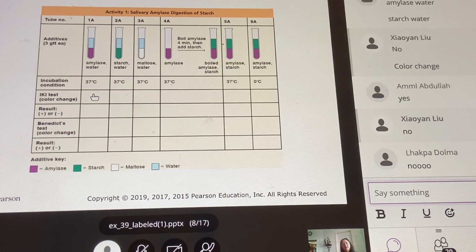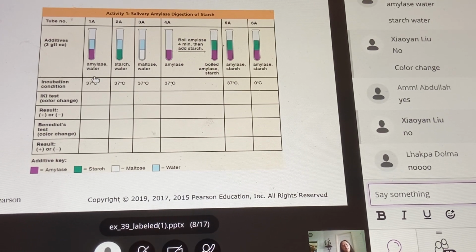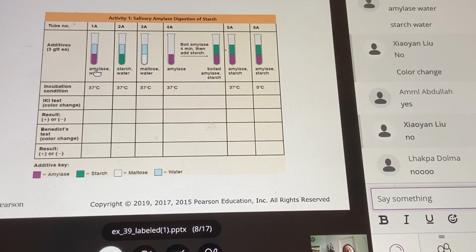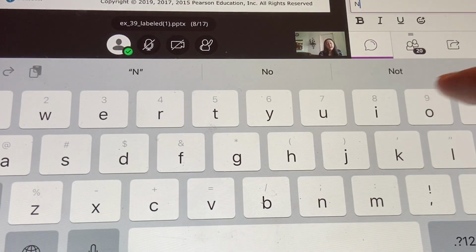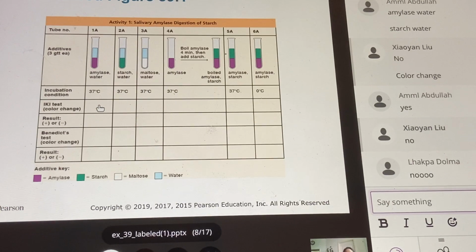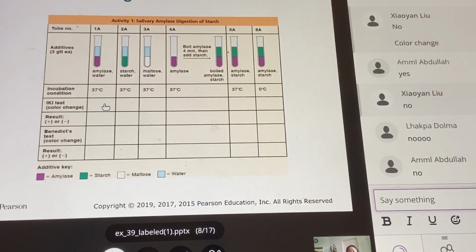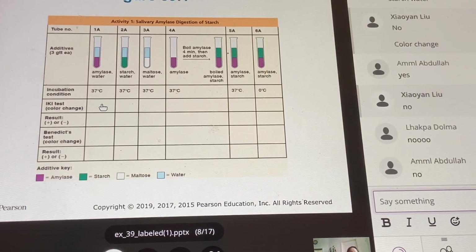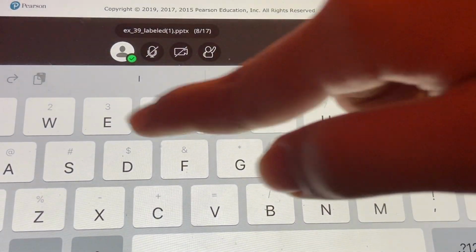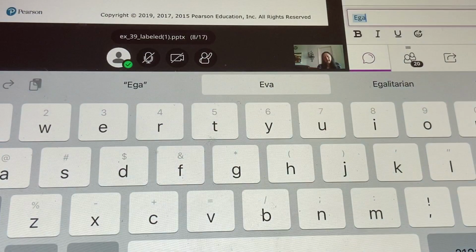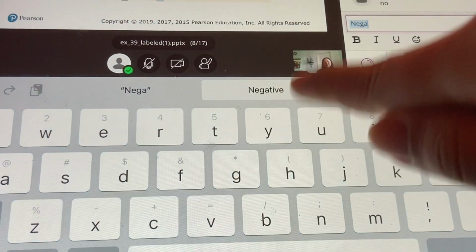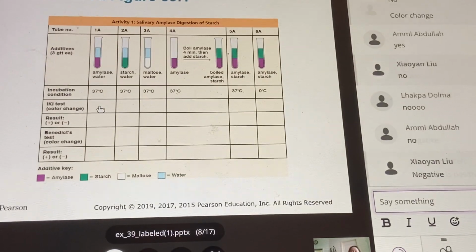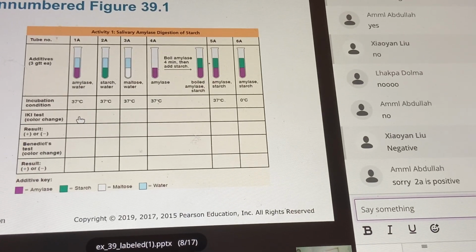So where will starch come from? Therefore, it should not be positive. So what will be your answer? Negative. There should be no color change because there's no starch there. There's only amylase and water.